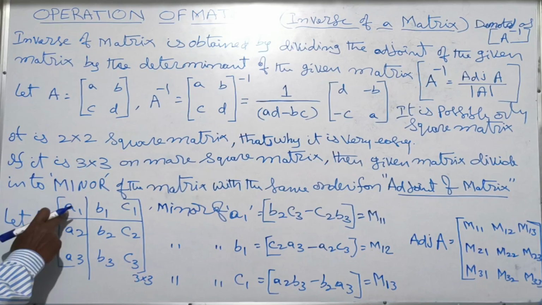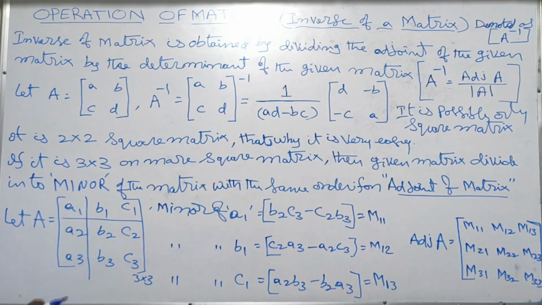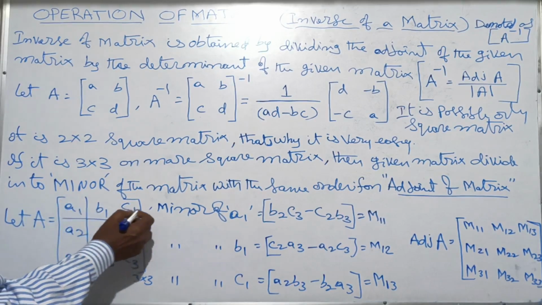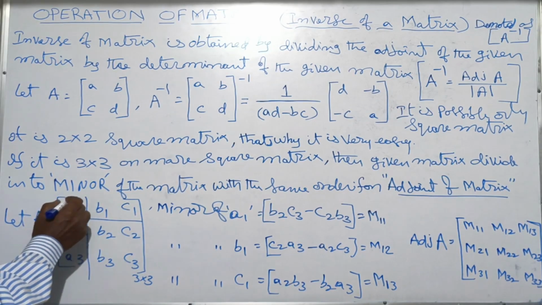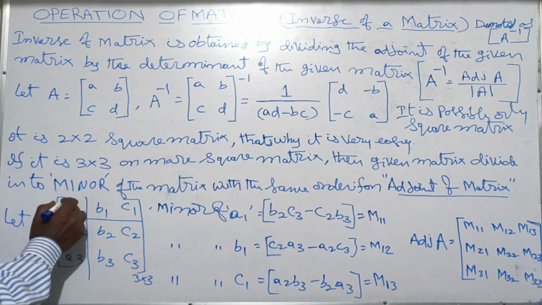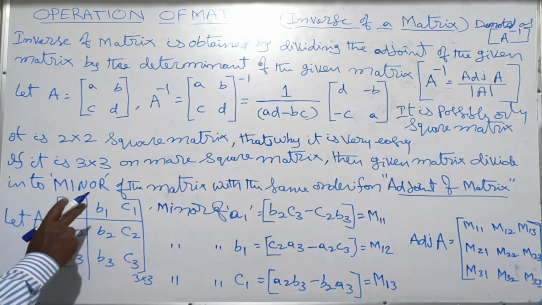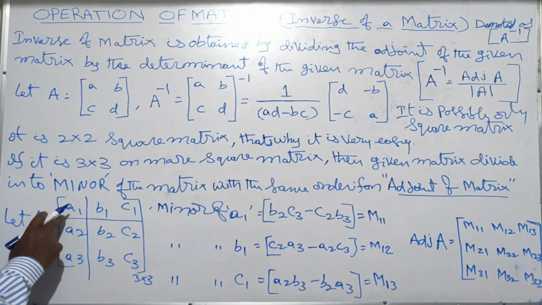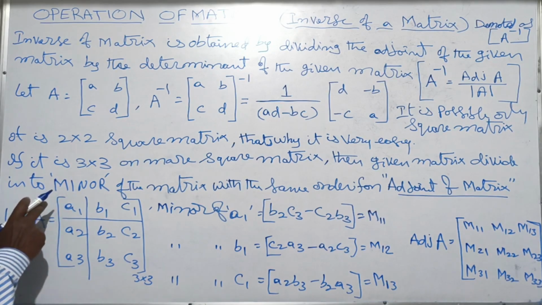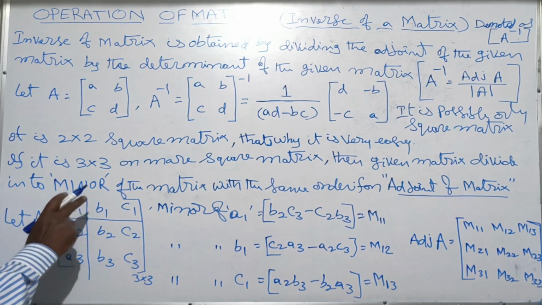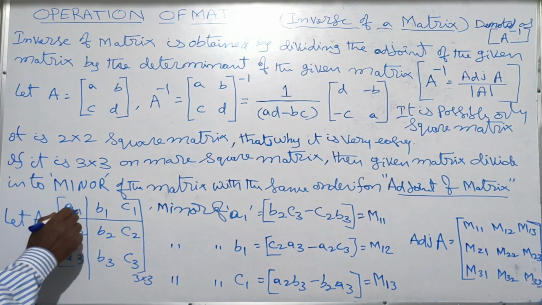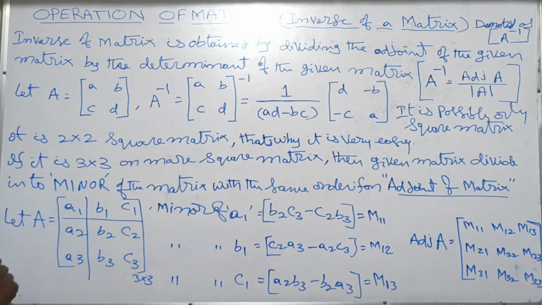Next, minor of A1, that is the submatrix of A1. A1 means in the rows, it is first one. In the column, it is first one. So that means 1, 1. I can say minor of A1 is equal to minor of 1, 1.